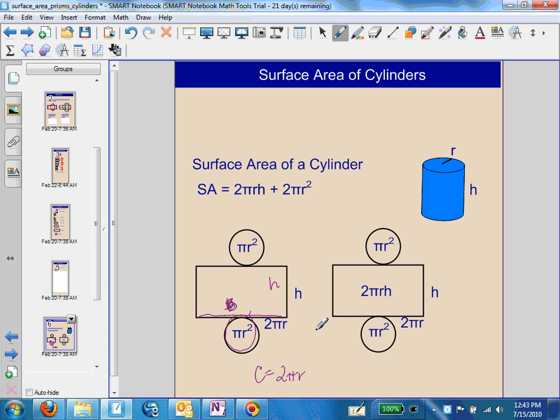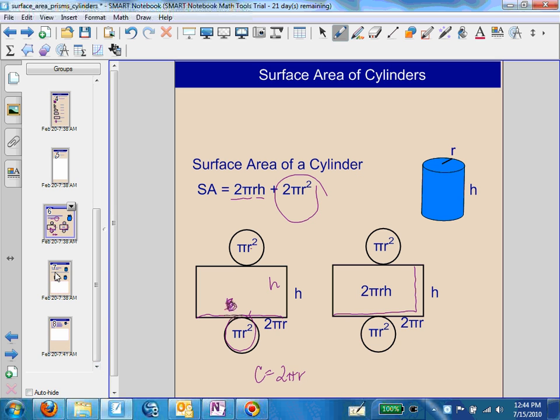So the formula ends up being 2 of our bases, 2 times pi r squared, from here and here, plus you're going to add to it the area inside your rectangle, which is the circumference times the height. So that's the circumference, 2 pi r, times the height, h. So that's where the formula comes from.